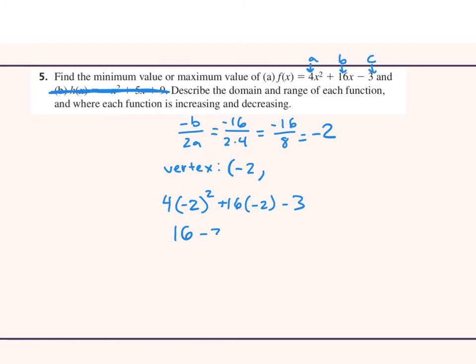So 16 minus 32 minus 3. 16 minus 32 is negative 16. And negative 16 minus 3 would be negative 19. So now we can graph this. So we go to the left 2 and then down 19.